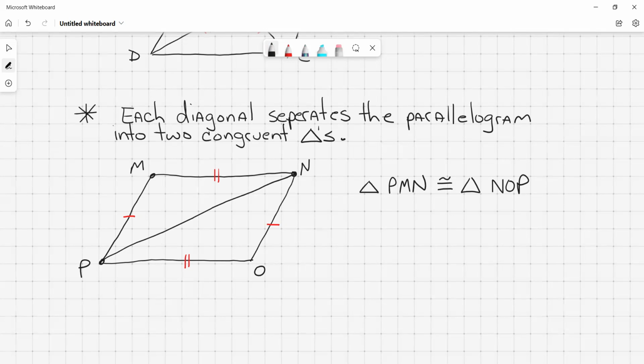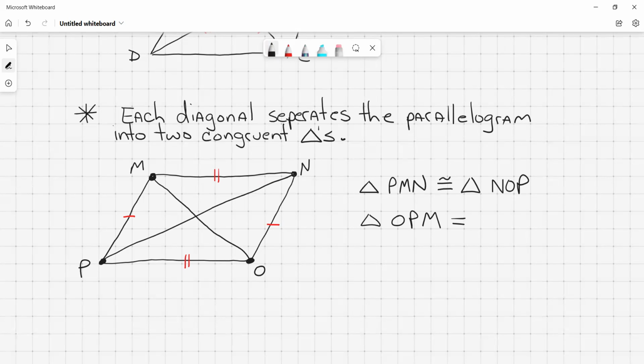If I add this other diagonal from M to O, that created two more triangles. We got a triangle here on the left bottom, and top right. So this triangle on the left bottom, I'm going to call it OPM, starting at O, going over here to P, and ending at M, OPM.